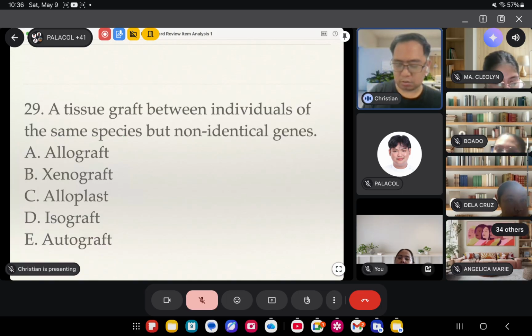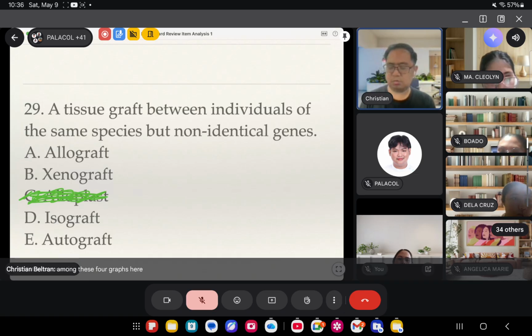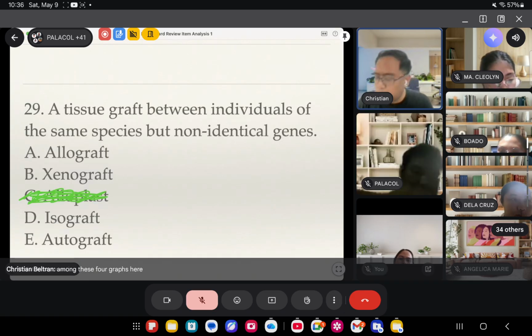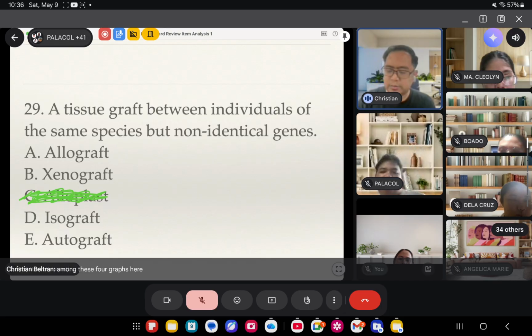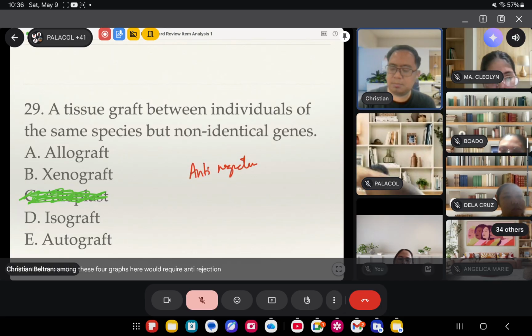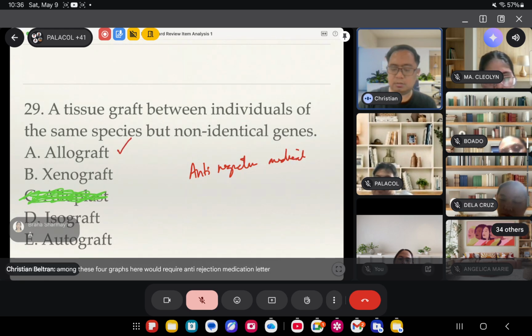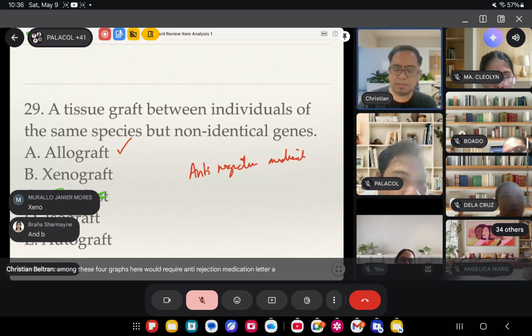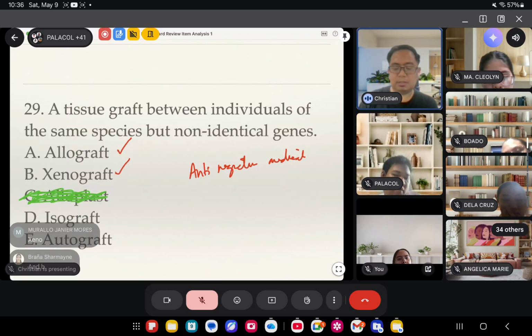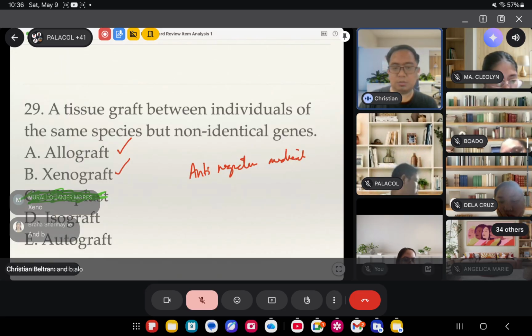And which among these, gawin natin yung alloplast. Which among these 4 grafts here would require anti-rejection medication? Letter A, isa lang. B, A and B, alloencina.